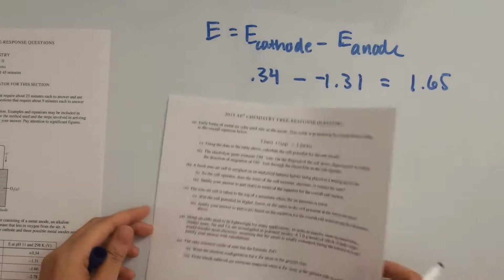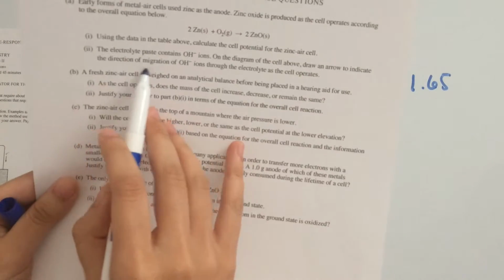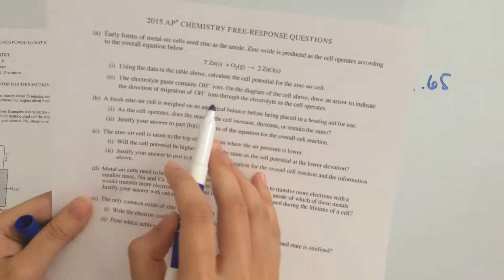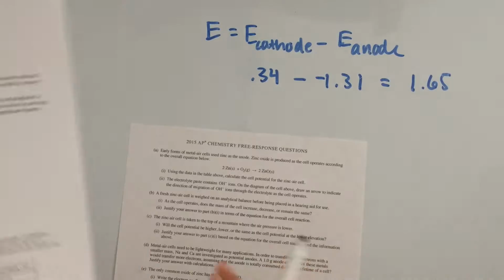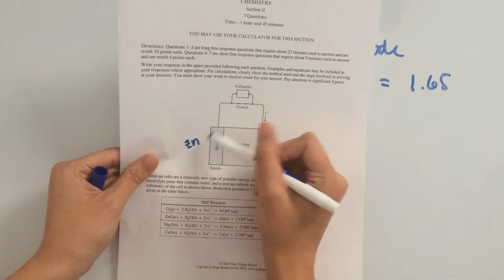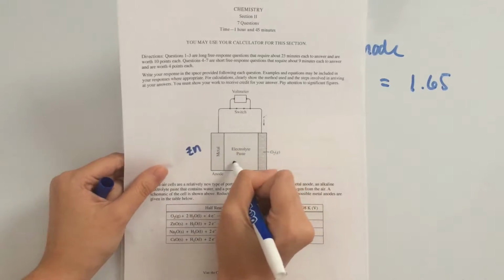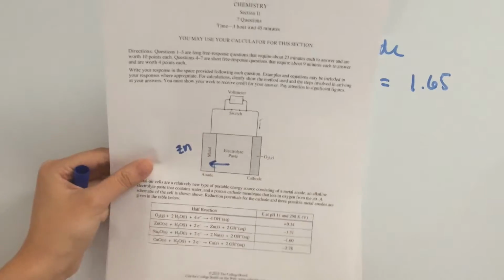So let's go back to what it's really asking. Draw an arrow to indicate the direction of migration of OH- ions. Okay, so that's easy. We just said that this side is going to have a positive buildup and this side is going to have a negative buildup. So it's going to go to the left.